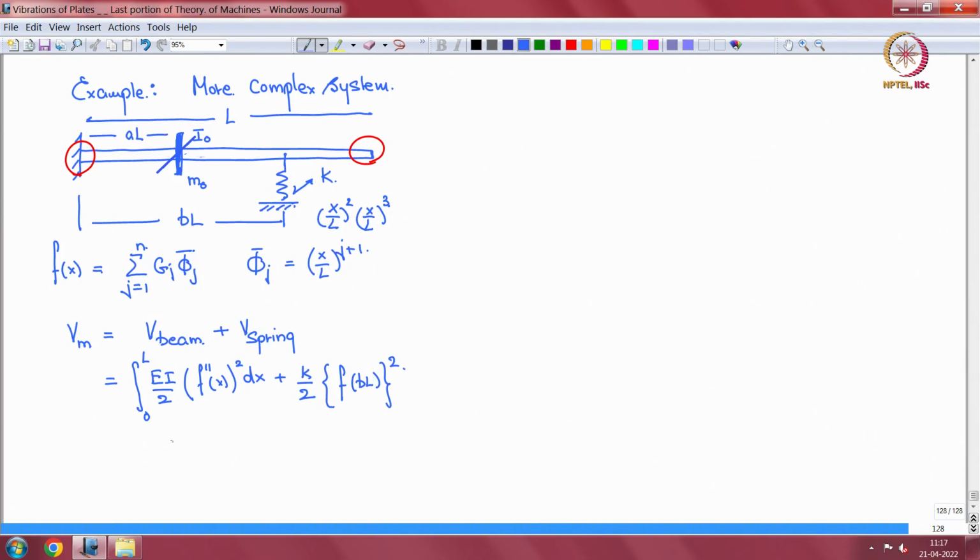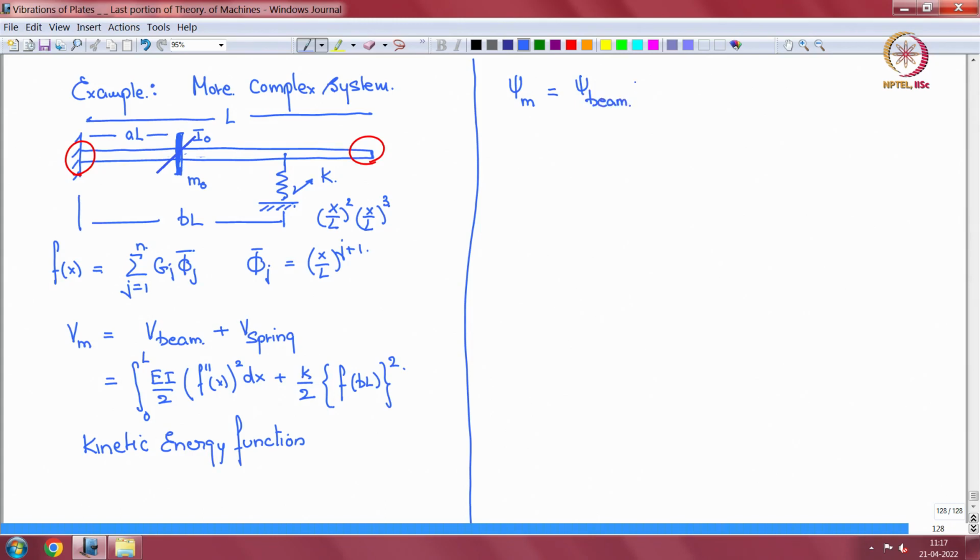Next, the kinetic energy function. Kinetic energy function. So what is that? That becomes psi max as psi, that is from the beam, plus psi now from the extra mass, plus psi.